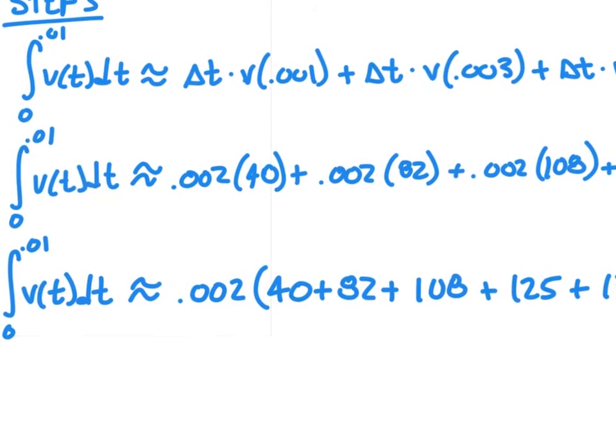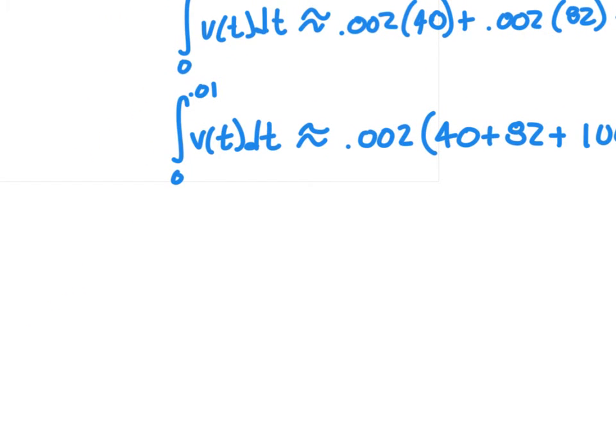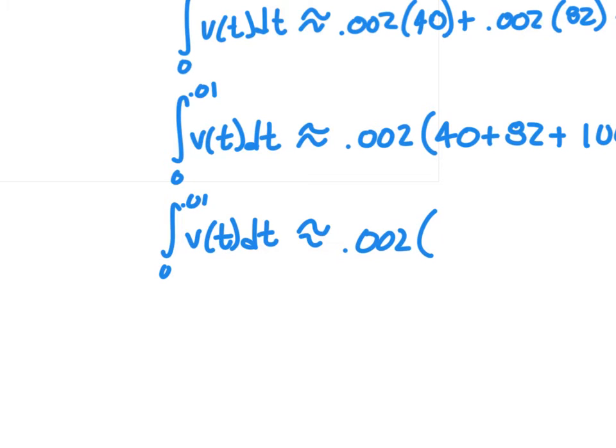And so as a result, let me add those up, but first let me rewrite this as the integral from 0 to 0.01 of my velocity dt, and this is approximately 0.002 times the sum of all those numbers, which is 492.